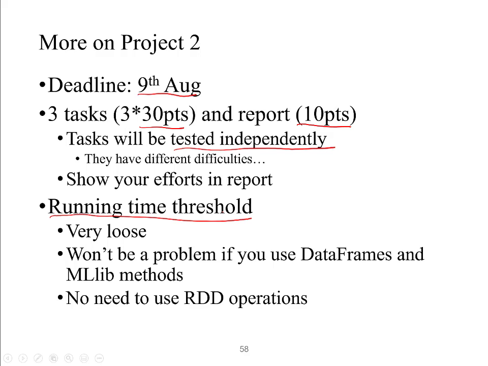Sorry, in lecture 6. Basically, data frames are much more efficient than RDD operations.